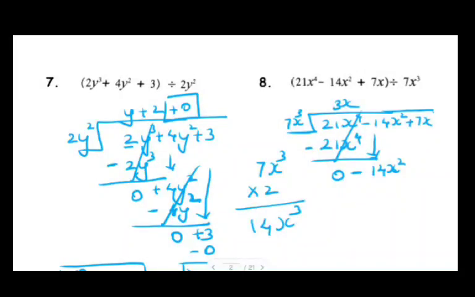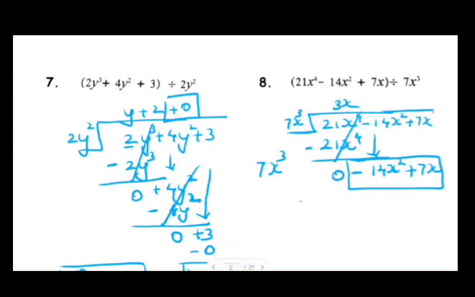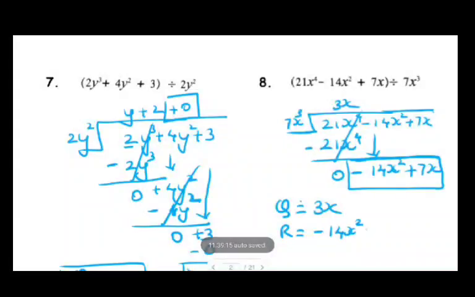So nothing happens. Nothing can be worked out here. So it's just going to be 3x, and the 14x square and 7x remain unattended, and hence they become the remainder in this sum. So my quotient is 3x, my remainder is minus 14x square plus 7x.